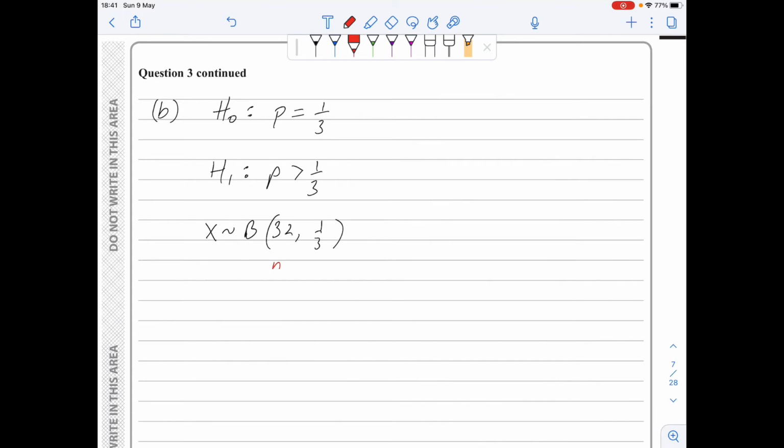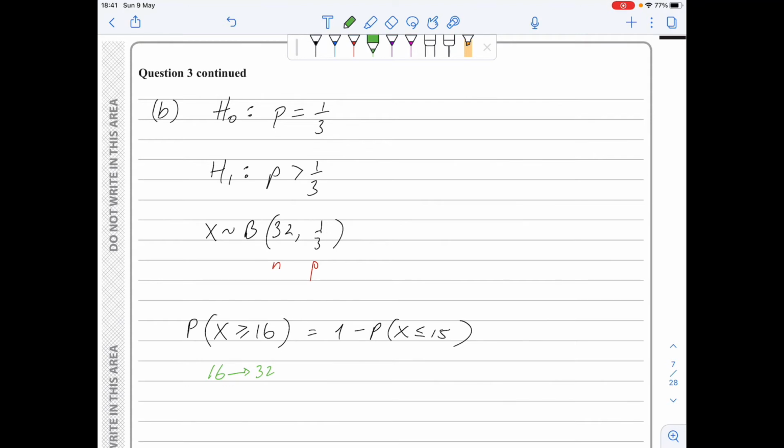N is my 32, P is the 1/3, and I will need to calculate probability x is bigger or equal to 16. That's my observation. Now this is like saying from 16 to the maximum, which is 32. So I'll need to rearrange this one to be compatible with my calculator.